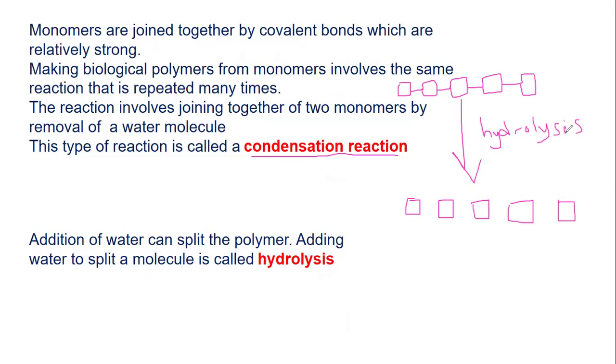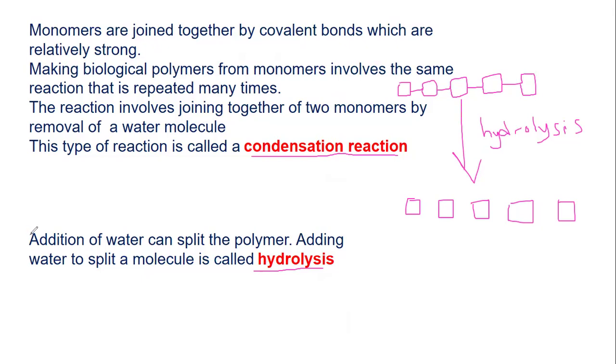Hydro means water, lysis means breaking. So these bonds are going to be broken using water. So water is added usually to break these bonds. And we are going to look at examples of processes where this reaction of hydrolysis occurs.